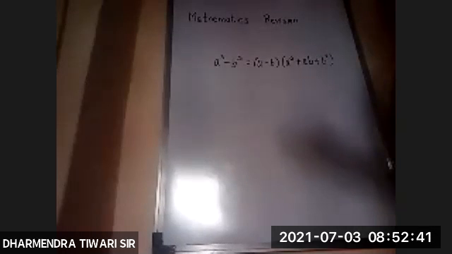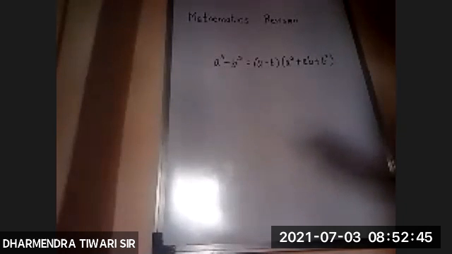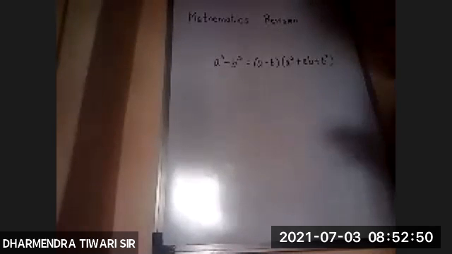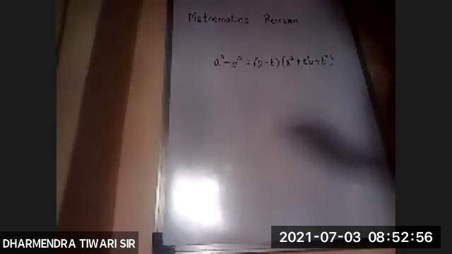So this was the formula. I asked you to derive this. I have done half of it, and I hope you have all completed and derived the formula. So let's start with problems based on it.